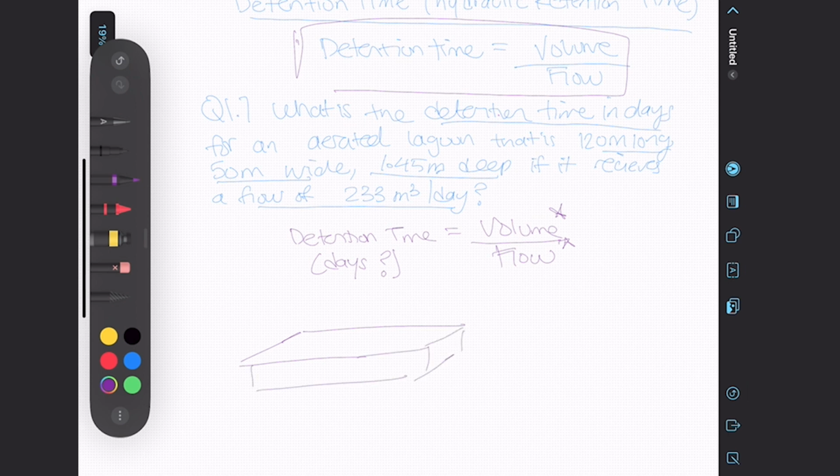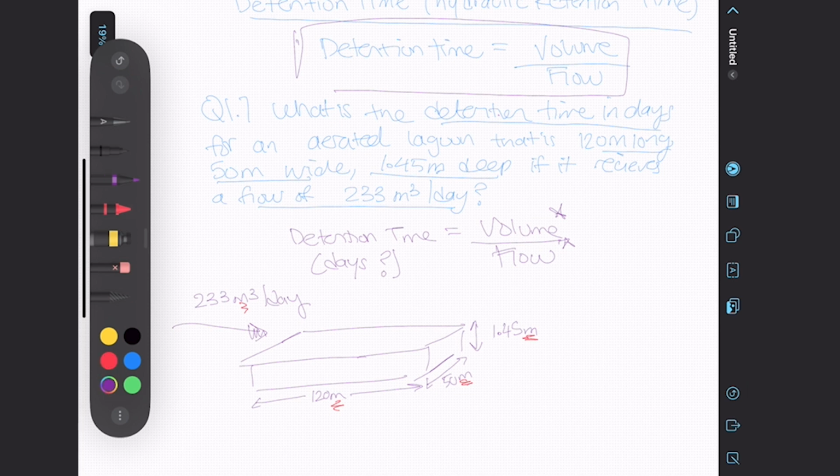We're given that the lagoon is 120 meters long, 50 meters wide, and 1.45 meters deep. And we're told that it's receiving a flow at 233 meters cubed per day. Okay, immediately I'm noticing our units are all meters. This is good. I know that I may not have to do any unit conversions.